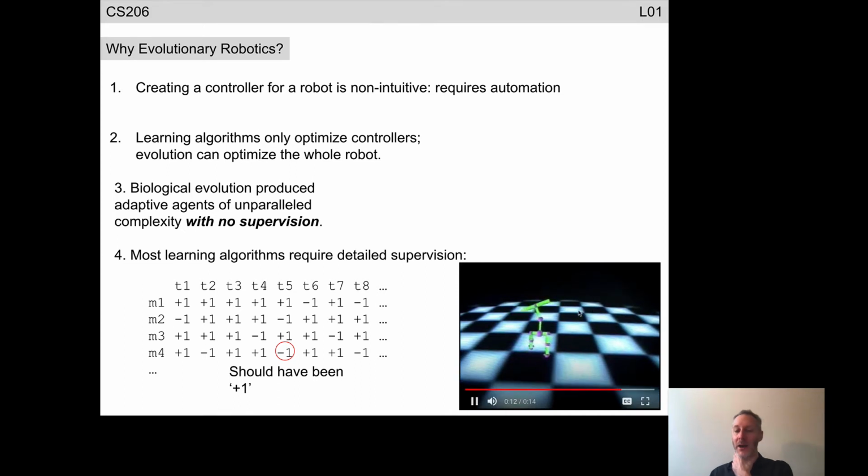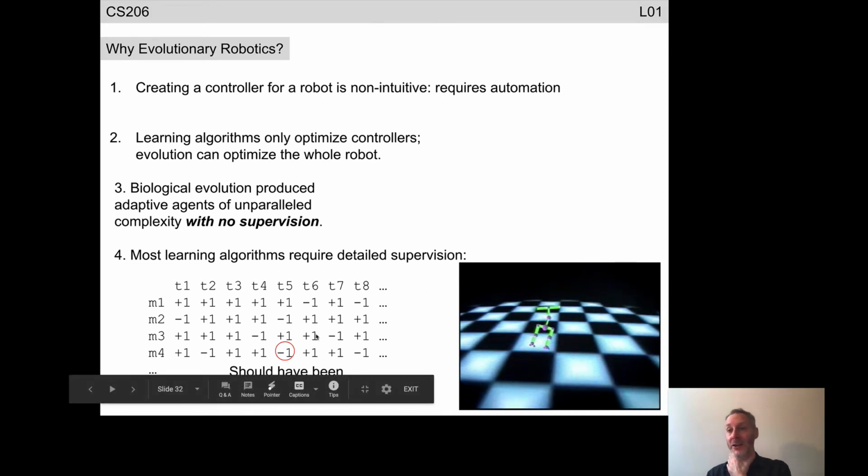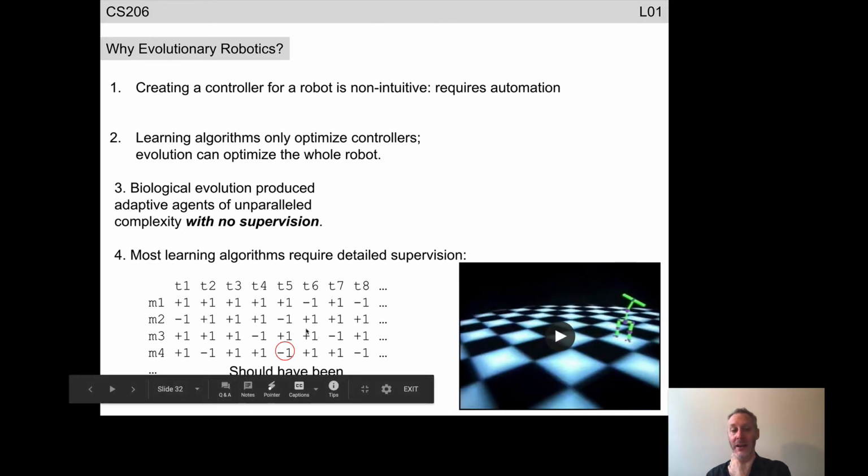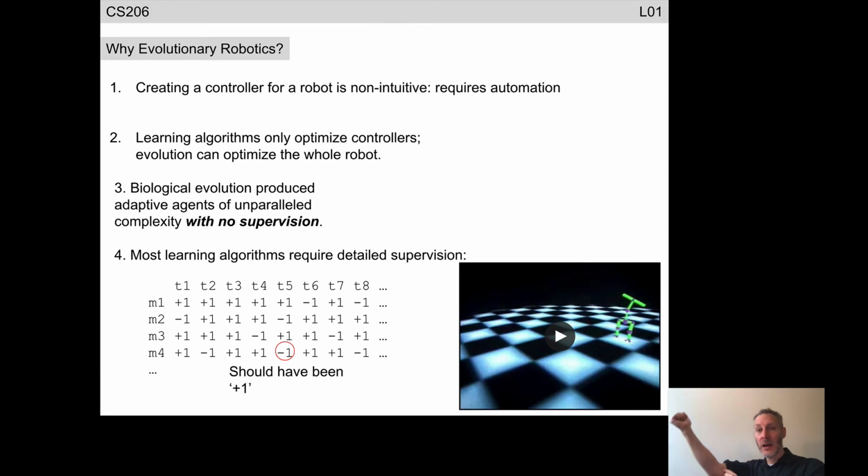Imagine that this biped is being controlled not by an artificial neural network, but again, a simpler binary matrix where at every point in time, the motor associated with the joint is either flexing that joint +1 or extending that joint -1.